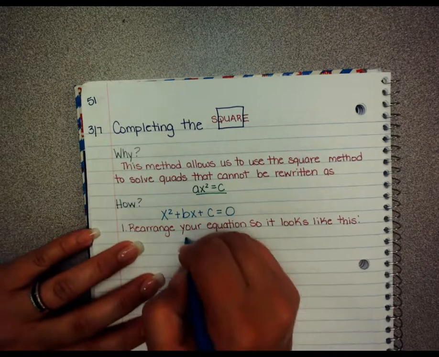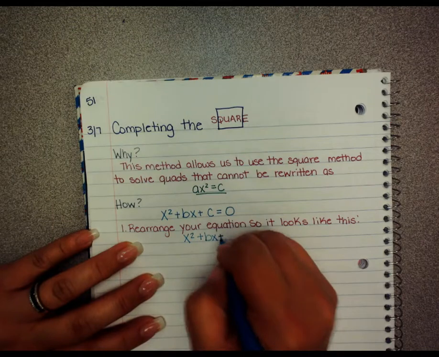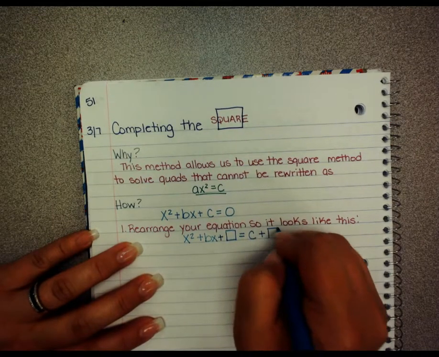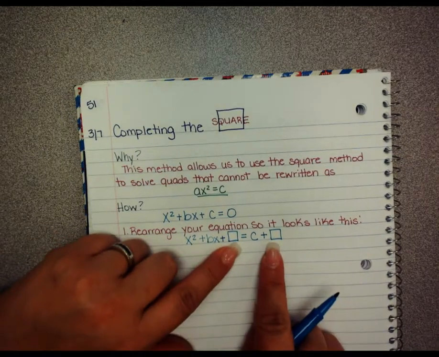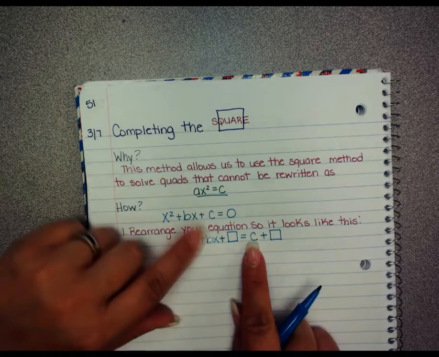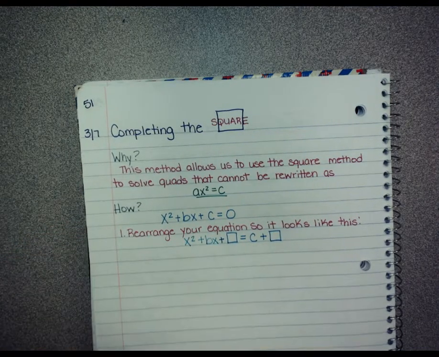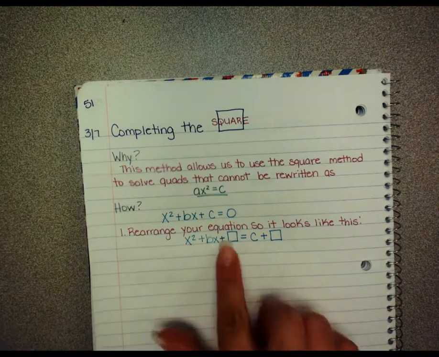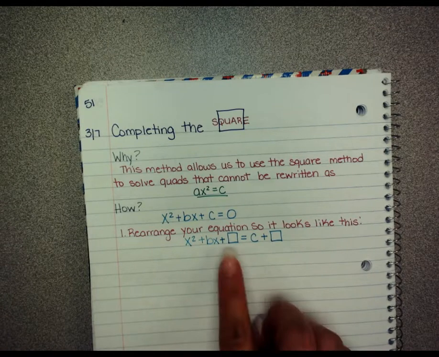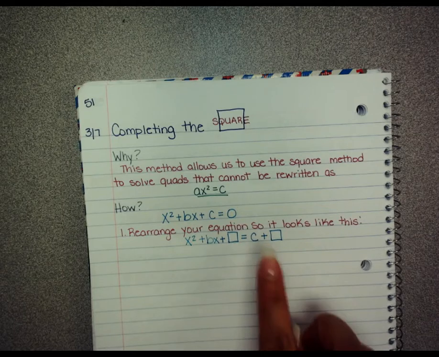But we have to put something in. Right at this step, we add a square. I don't know if the square is positive or negative, so I just put a positive up front. C might be negative, especially if you started off with a plus here, you would subtract c over, and in our example, we'll do that. We're going to rearrange it, so now we have 2 squares. You have to balance your equation. Whatever you do to the left side, you have to do to the right side, which is why there are 2 squares, and they will be identical when we do it.